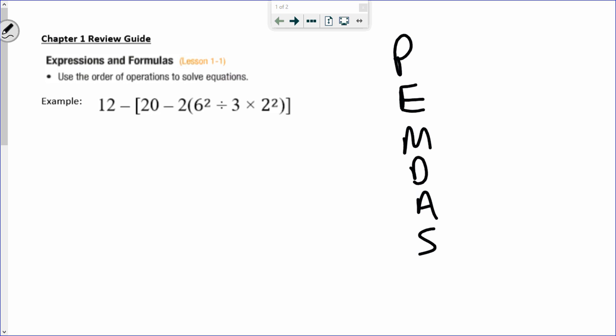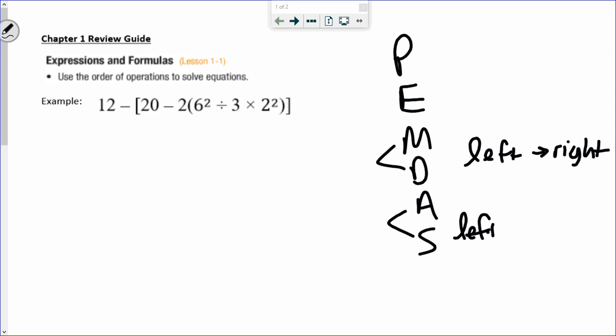The multiplication and division steps we needed to work left to right, and the same thing applied with addition and subtraction. They're on the same level like we talked about in class, but we need to work left to right. So the example you can see here, we're going to be using the order of operations.